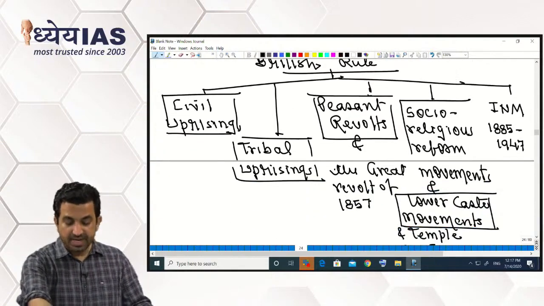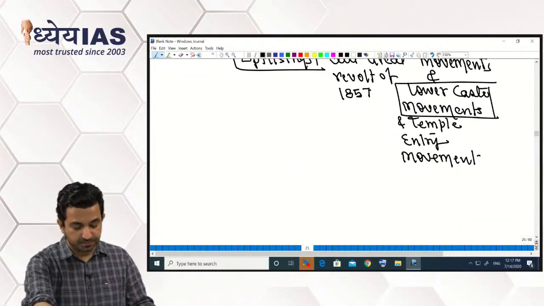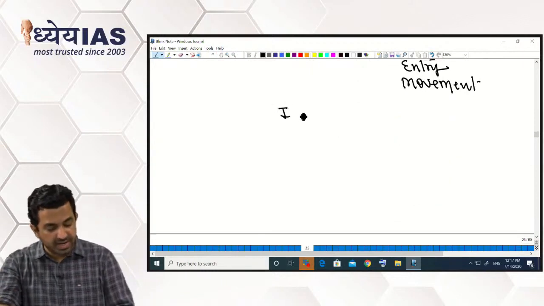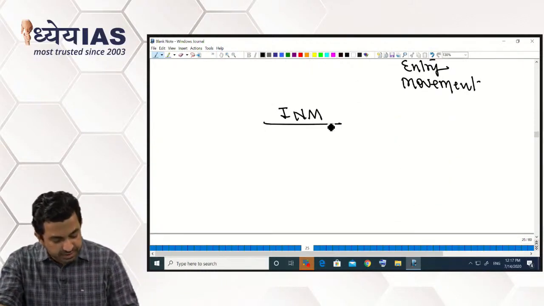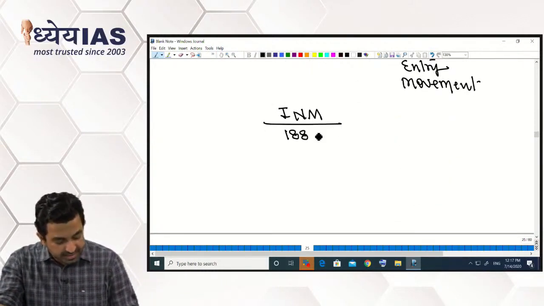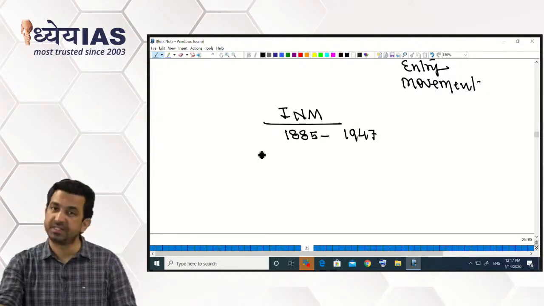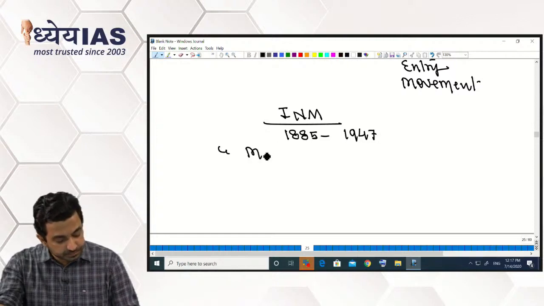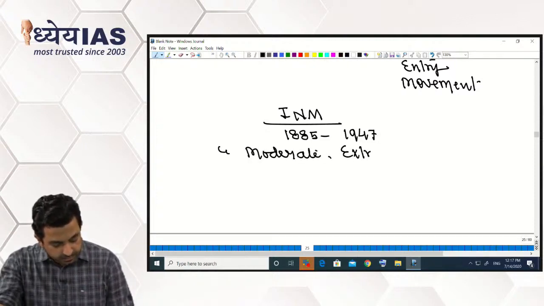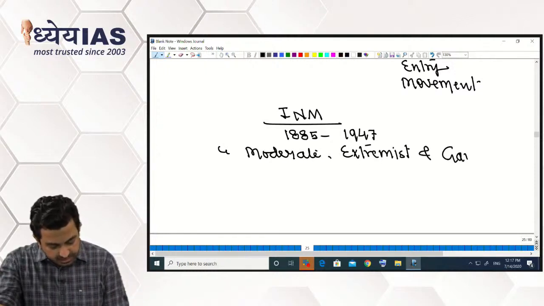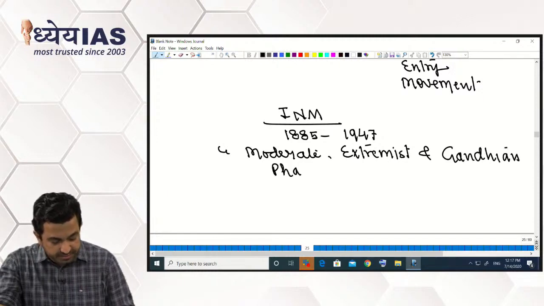And Indian national movement, then several trends of Indian national movement from 1885 till 1947, like moderate, extremist and Gandhian phase.